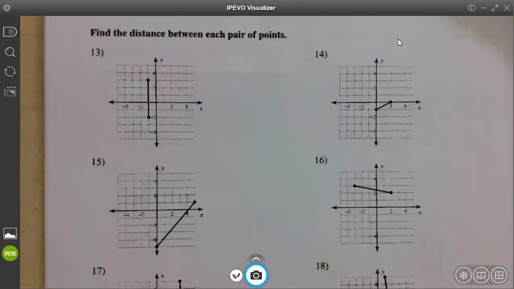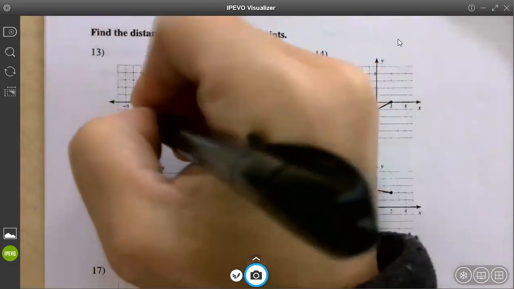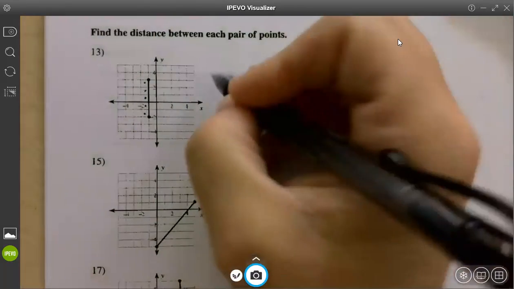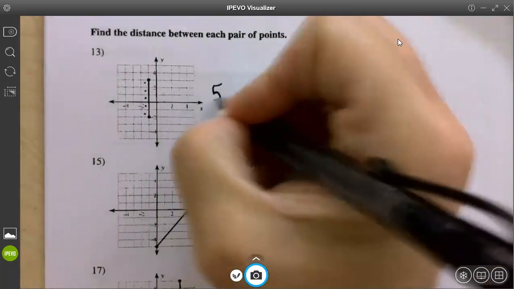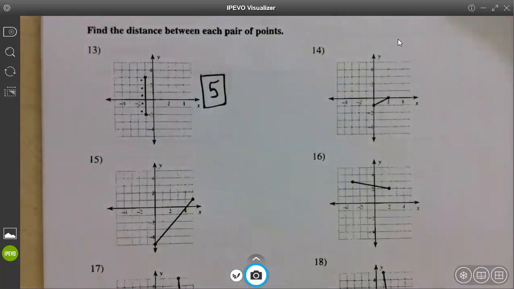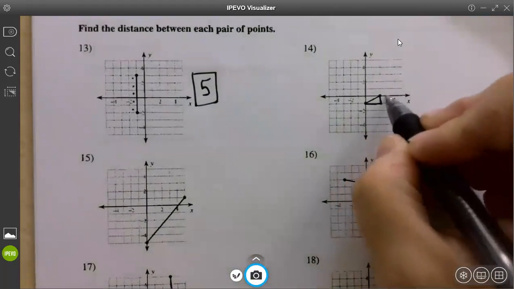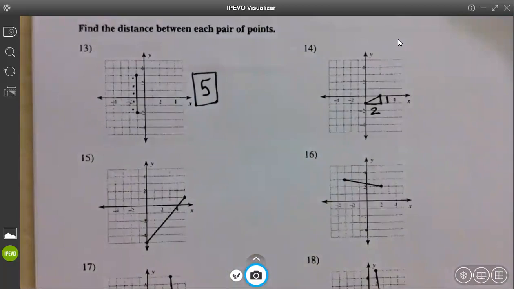All right, so how do I do a vertical line? Just count the boxes. How many boxes did I have? Count them again. 5. That's why I put the dots in there, so I can for real see it. All right, number 14, make your triangle. We had a rise of 1, a run of 2.